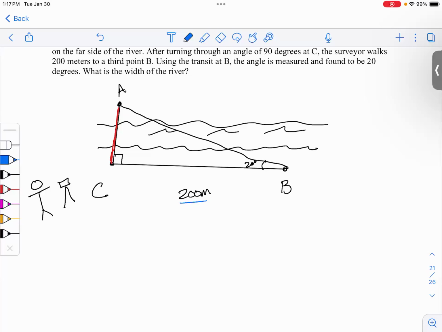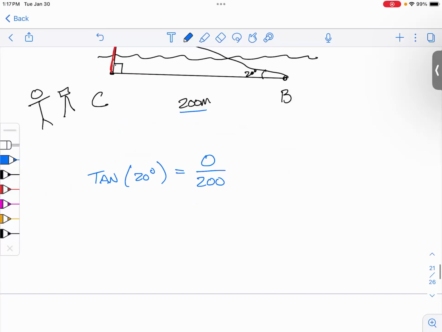Again, my picture looks bad. But tangent of 20 degrees equals opposite, I might just call that O, all over 200. In order to solve this, multiply by the 200.